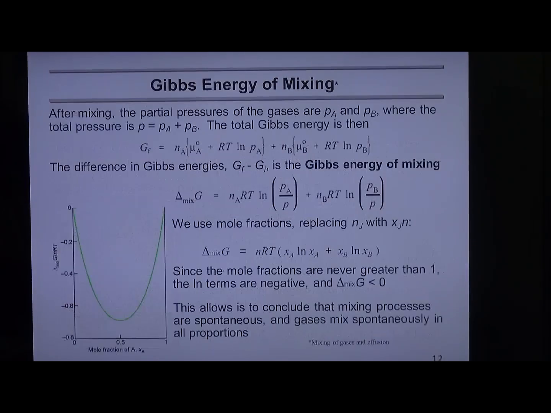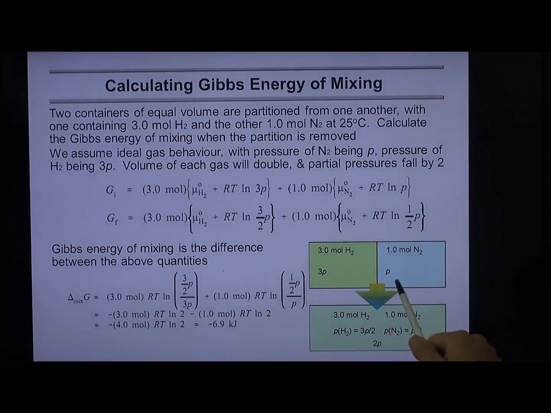But here, the pressures were different. So although the Gibbs energy of mixing is negative, and this process is also spontaneous itself, that does not mean that the negative Gibbs energy of mixing automatically represents the spontaneous process.